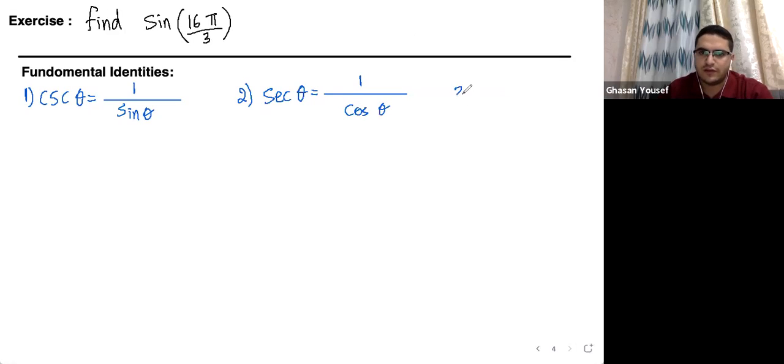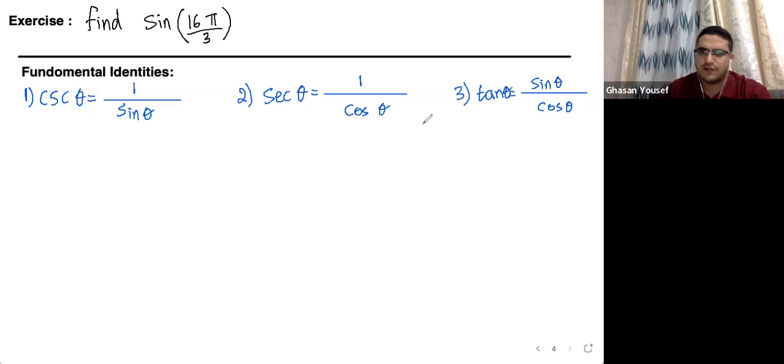For the third one, it is the tan. The tan is the sine over the cosine, sine function over the cosine function.